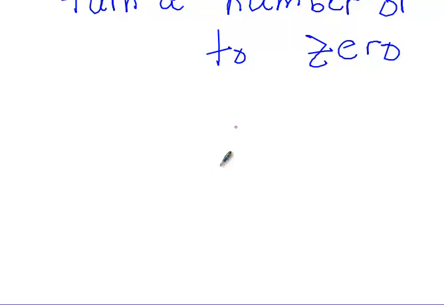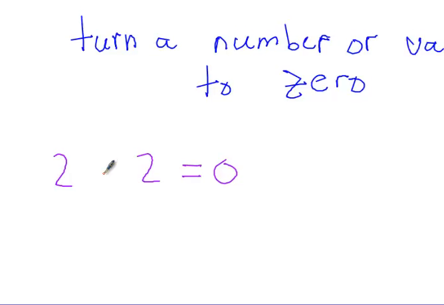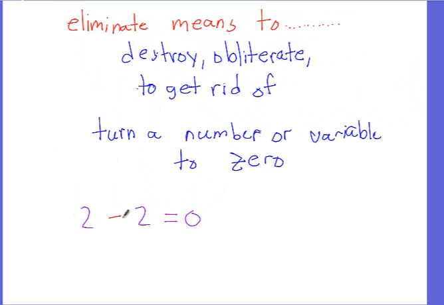We want to think of a couple scenarios. Let's say I have the number 2 and the number 2. If we want them to equal 0, what must we do? Well, 2 minus 2 equals 0. Let's say we have a -3 and a -3.